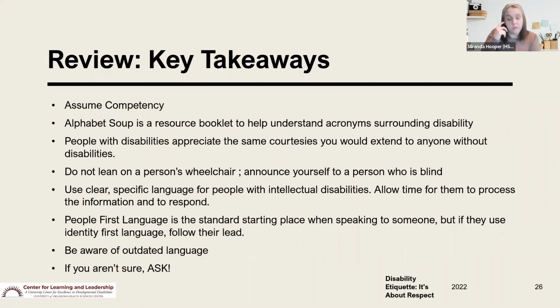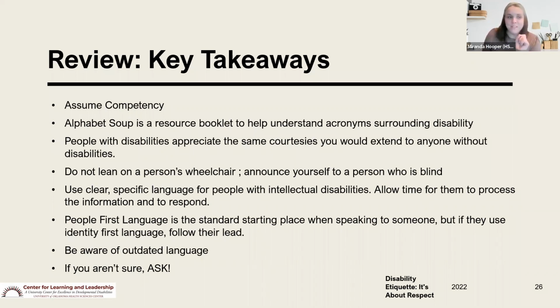What I should have done at the beginning of this is said, "Hi, my name's Miranda. I have shoulder length brown hair. I'm wearing a very fake silver necklace today, and a brownish long sleeve sweater with a headband."